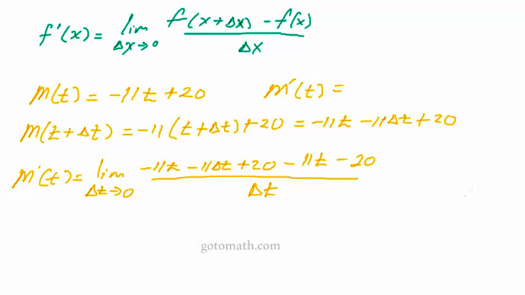Now you're going to notice that our function is always going to cancel out. So here's our function, negative 11t minus 20. So 20, 20 minus 11t, and whoa, something's fishy here. That was a minus.